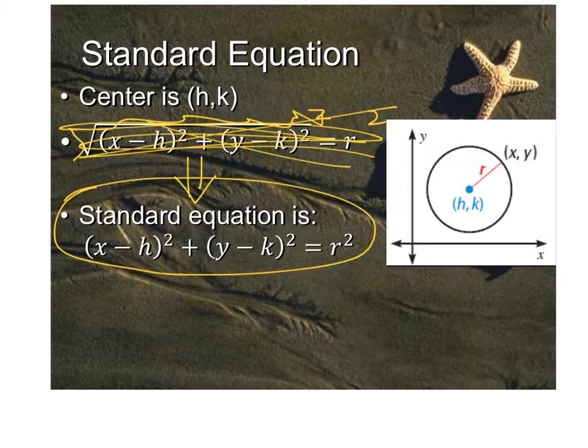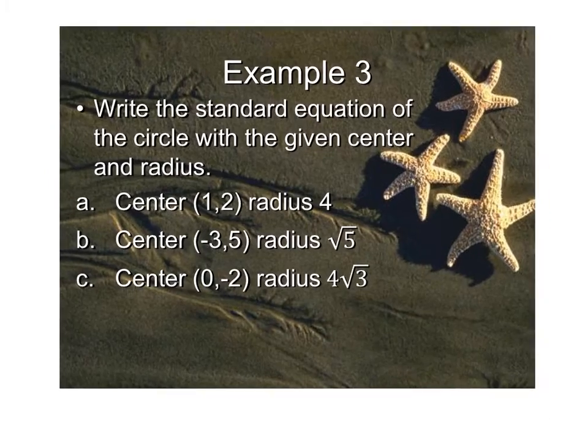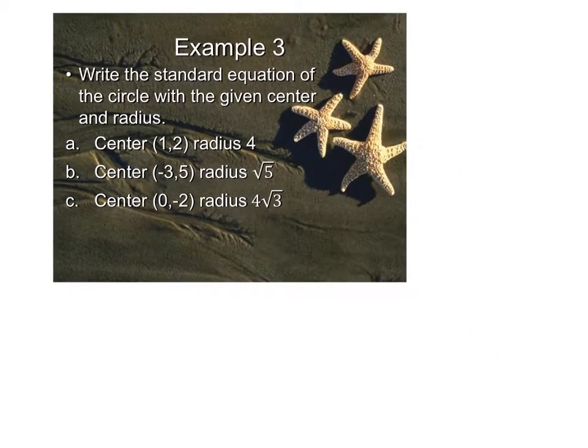All right, so now we're actually going to add some numbers to this so we can see it in action. So here we go. We want to write the standard equation of the circle with a different center this time, not 0, 0. And we actually have 3 different problems on this slide. Again, I'm waiting for it to catch up. Here we go.